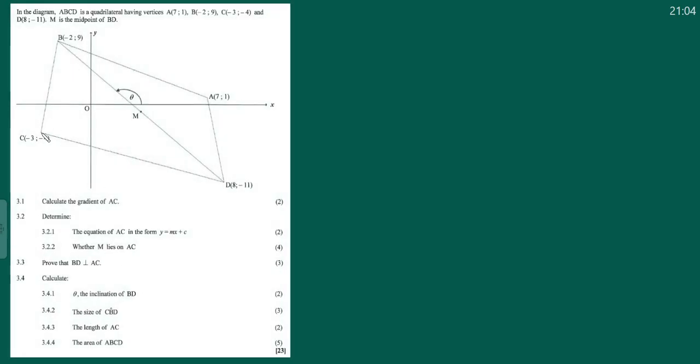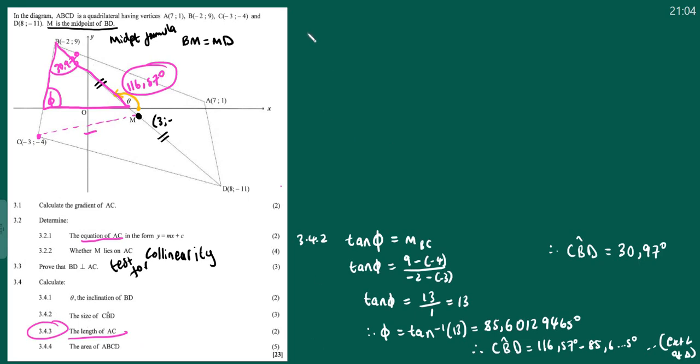Now there is AC here. Oh, that one is a very simple question, right? AC, just a sec. So to get the AC, because AC is this whole length, we can use the distance formula.